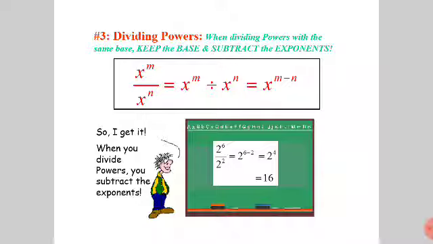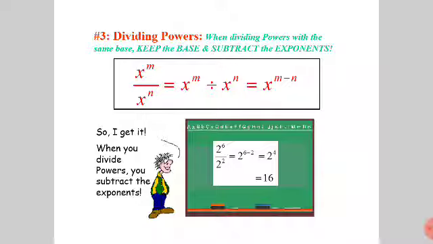For example, 2 power 6 by 2 power 2. Same base, take common base, keep the base and subtract the exponents. 6 minus 2. Multiply means added and divided means subtracted. 2 power 6 minus 2 equal to 2 power 4.